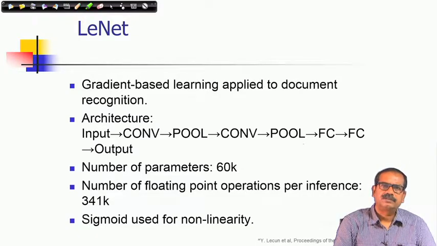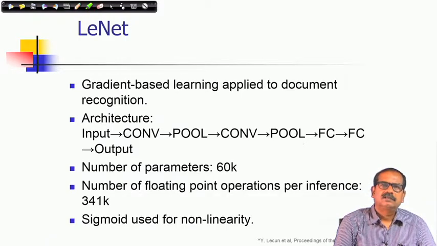processing or character recognition, is called LeNet, and it is gradient based learning applied to document recognition, as you can see. This architecture uses two convolutional layers, two pooling layers, and two fully connected layers, and it was reported in 1998. It was quite long back, and it is quite a pioneering work in that sense.